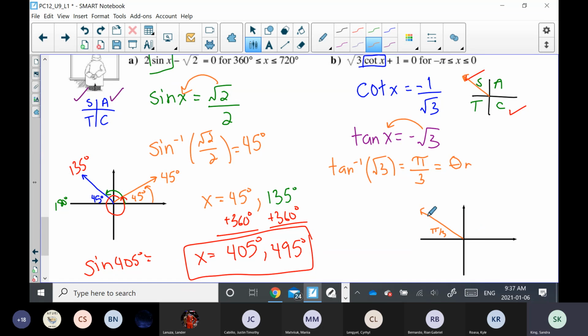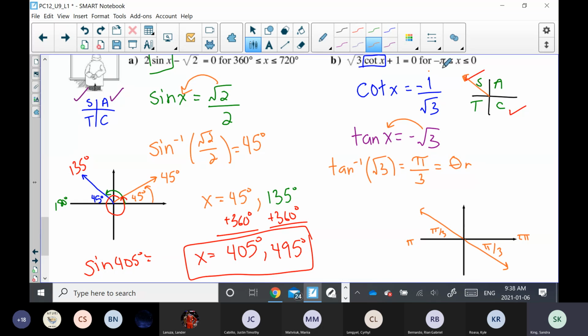So I'd do pi minus pi over 3. And then I've got one solution down here. So if I was doing this normally, this is pi, so this one would be pi minus pi over 3. This one would be 2 pi minus pi over 3 to get that answer.